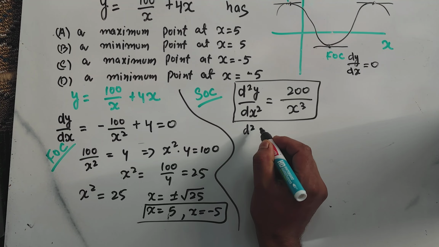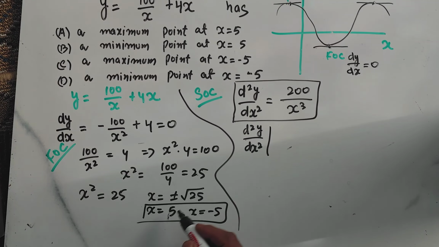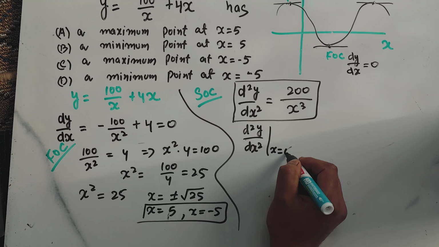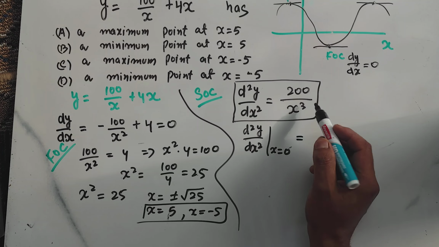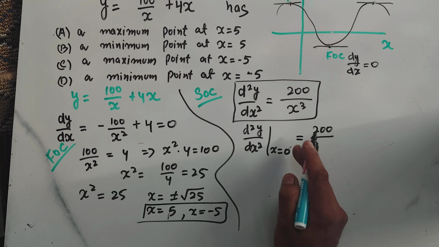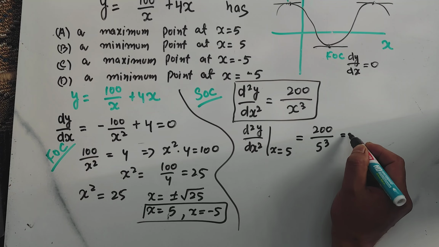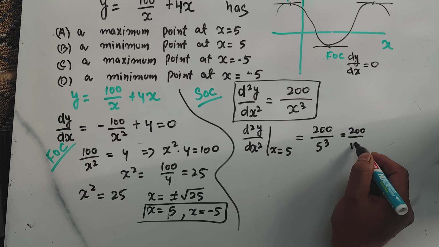So we have d square y upon dx square, and we put first x is equal to 5 in this function. So we get here 200 upon x cube, so here we have 5, so 5 into 5 into 5 is 5 cube, which is equal to 200 upon 125.